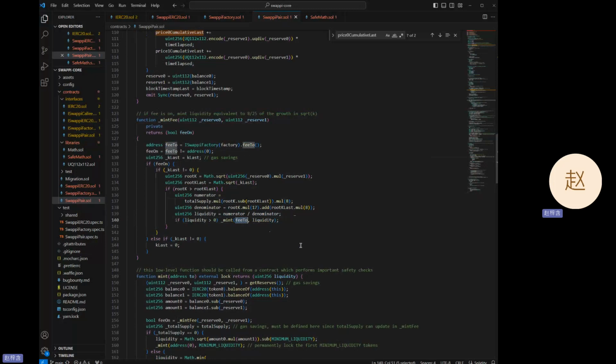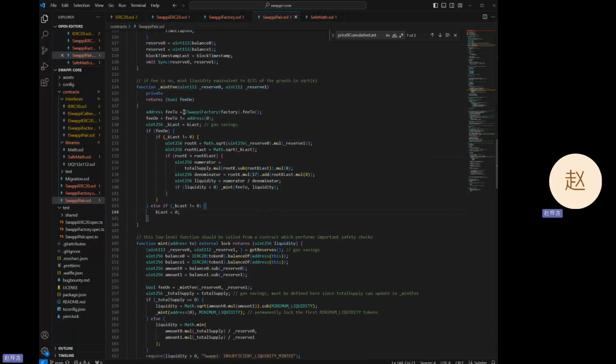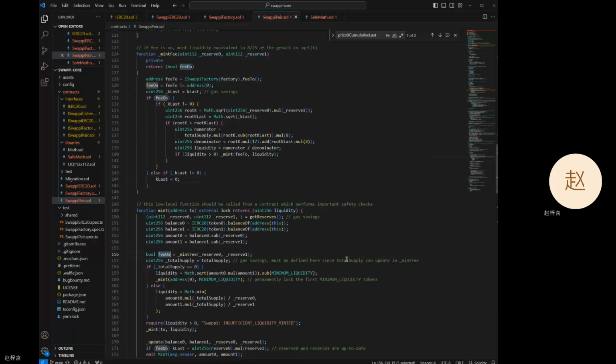Which means whenever users add liquidity, fee 2 will always get the fee in terms of the Swappi pair shares. So that's for mint fee.